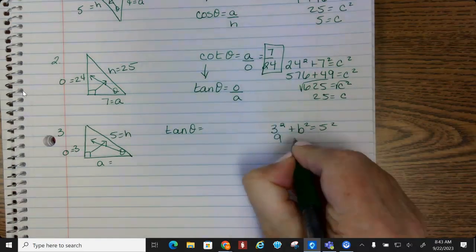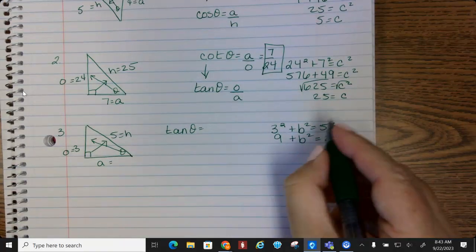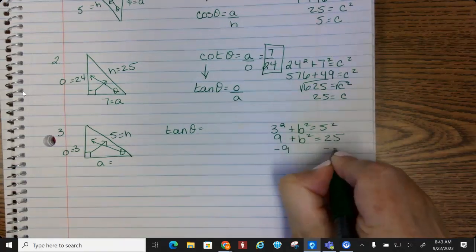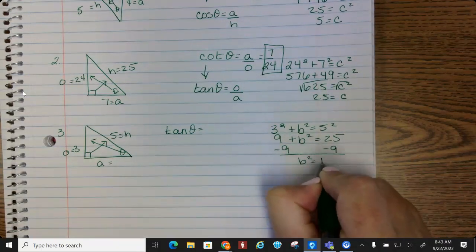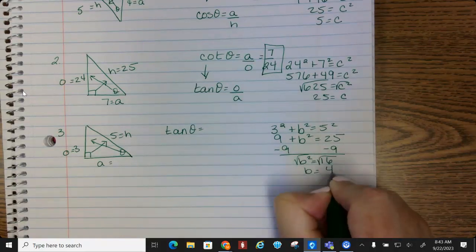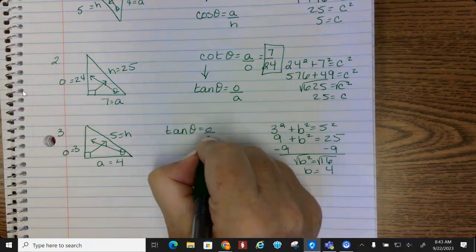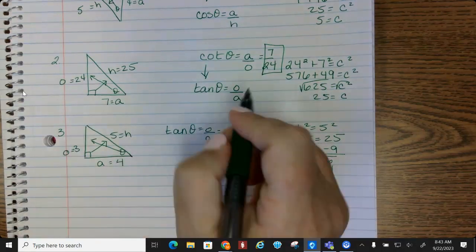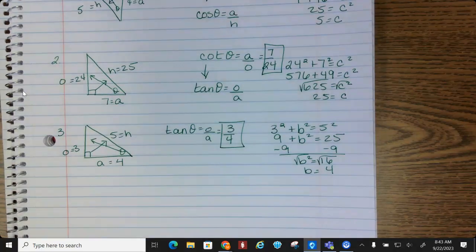So we're going to get 9 plus b squared is 25. Subtract 9 over. So we get b squared equals 16, and take the square root, so b is 4. And tangent is just opposite over adjacent, so opposite is 3, adjacent is 4.